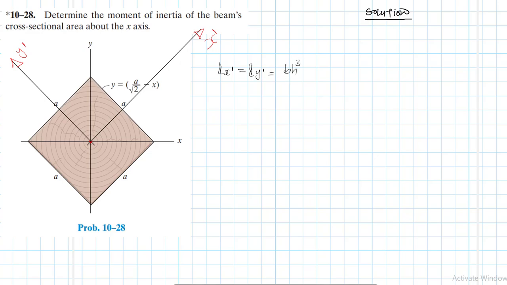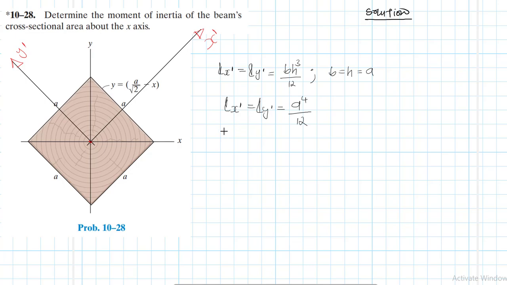It is bh cubed divided by 12, and in this case, b is equal to h, which is equal to a. So I sub x prime equals I sub y prime equals a to the power of 4 divided by 12.